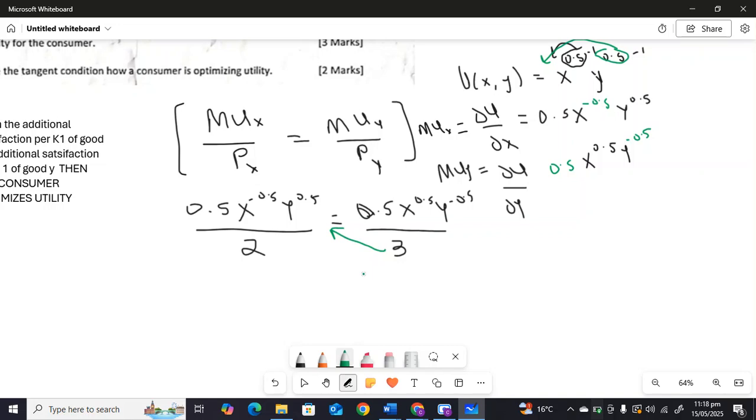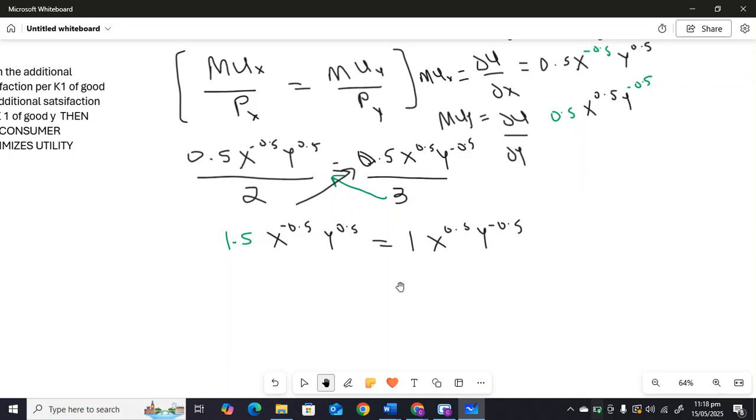So that would give us 1.5 x to the power negative 0.5 y to the power 0.5 equals 2 times 0.5 x to the power 0.5 y to the power negative 0.5. That will give us 1 x to the power 0.5 y to the power negative 0.5.